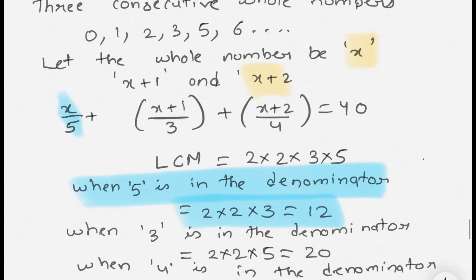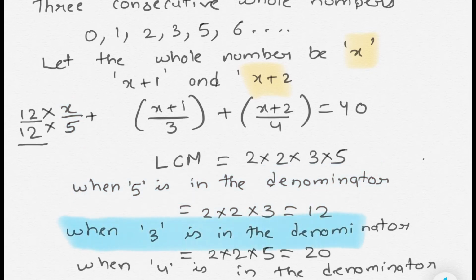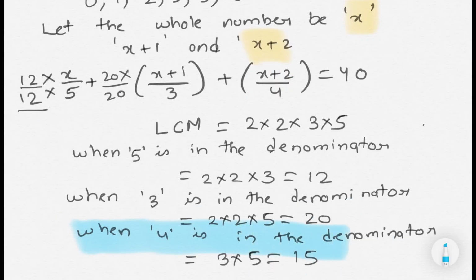Now in the first term, 5 is already there, so we need to multiply by 2 twos are 4, 4 threes are 12. That is multiplying both numerator and denominator by 12. When 3 is in the denominator, in the second term, we multiply by 2 into 2 into 5, which is equal to 20, in both the numerator and the denominator. When 4 is in the denominator, we multiply the fraction by 3 into 5, which is equal to 15.